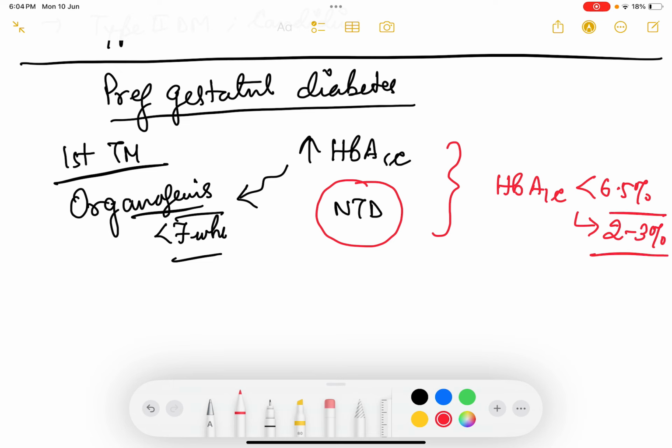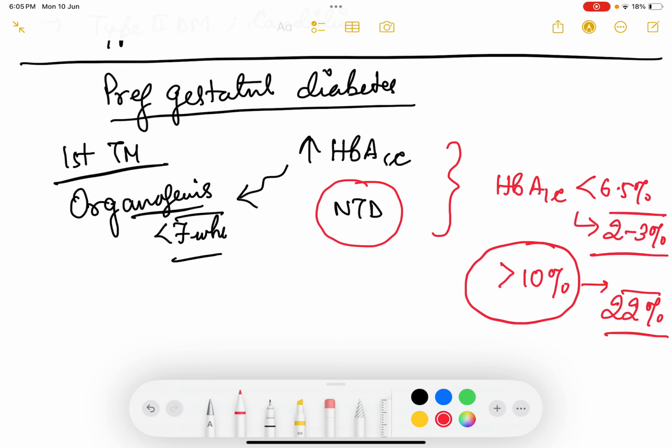That is, अगर शुगर्स नॉर्मल है तो 2 to 3% रिस्क है कि congenital malformations होगा. वही अगर HbA1c is more than 10%, then the risk of congenital malformation increases to 22% in pregnancy. So always remember, if patients are pre-gestational diabetes and their HbA1c is very high in the first trimester itself, then you can ask the patient to go for medical termination of pregnancy because the congenital malformation risk is very high.